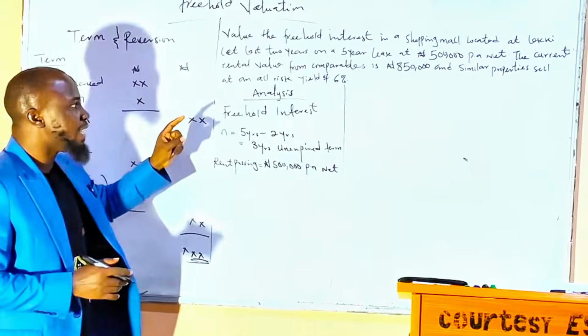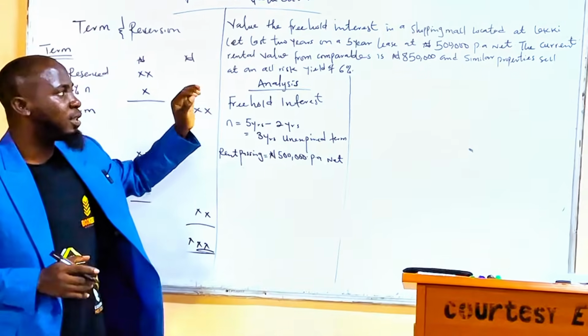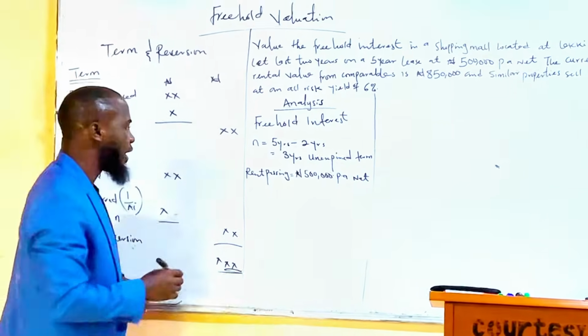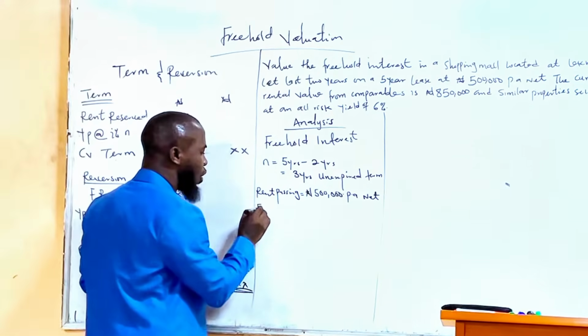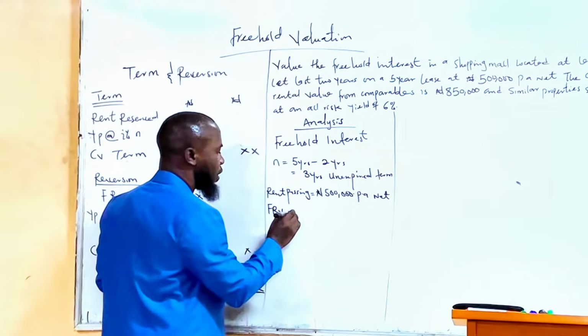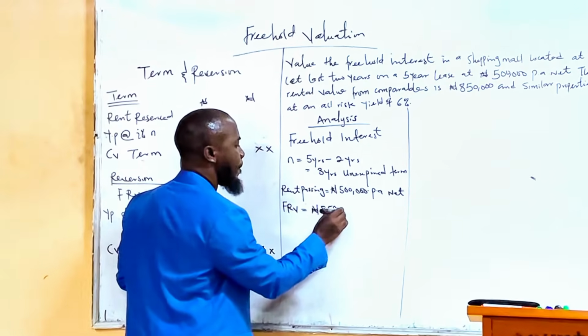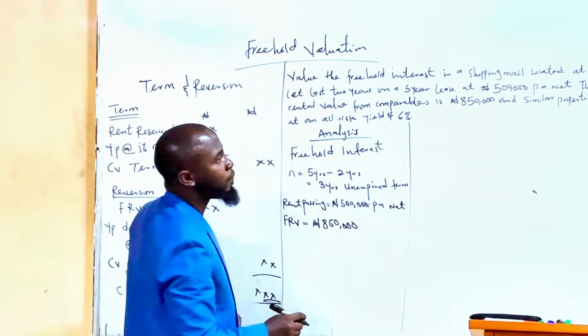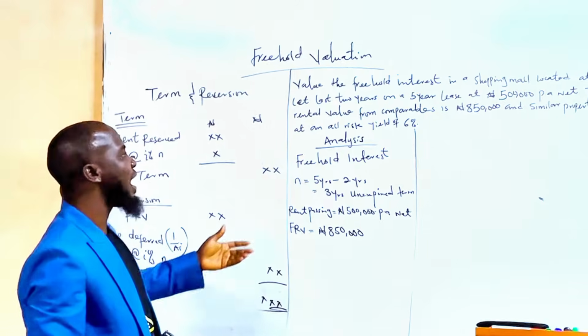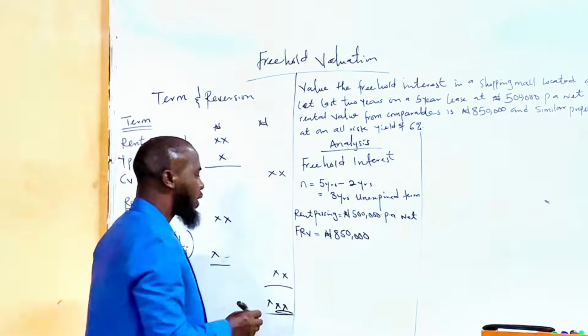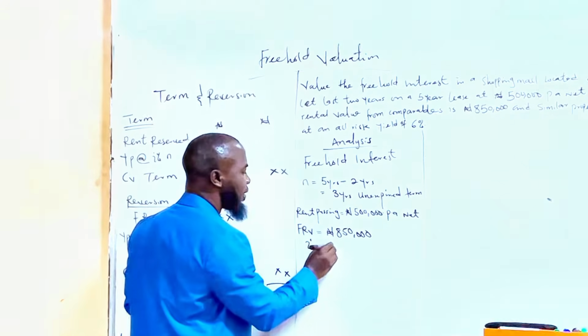Now the current rental value from comparables is 850,000 naira. The current rental value, which is the full rental value, is 850,000 naira. And similar properties sell at an all risk yield of 6%. Your i is 6%.